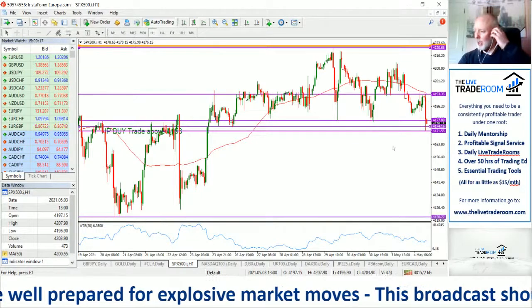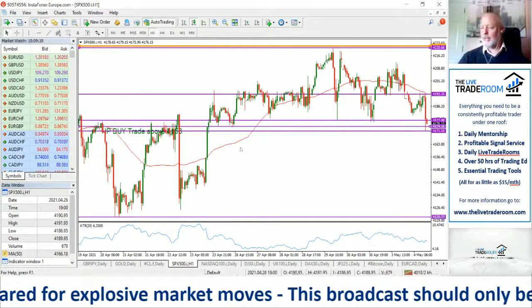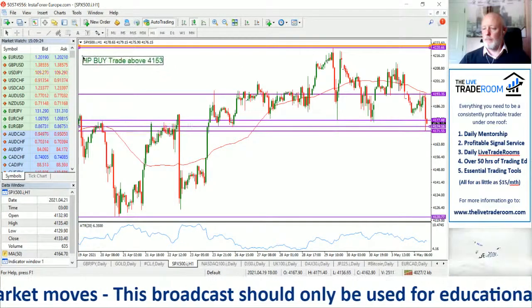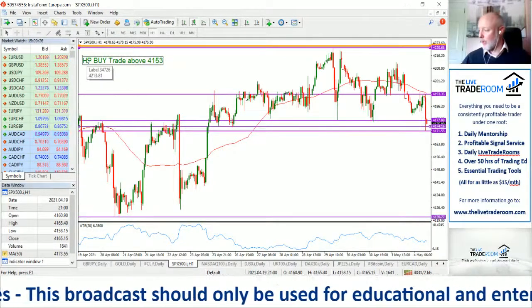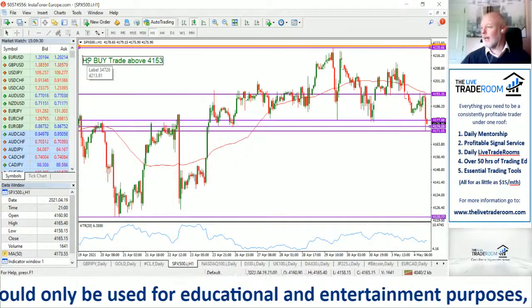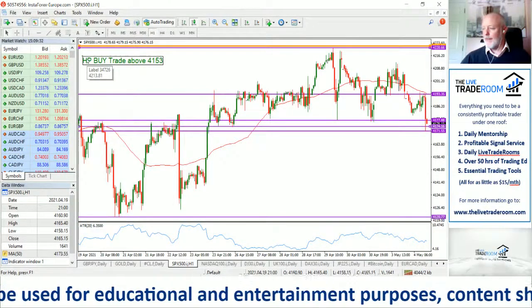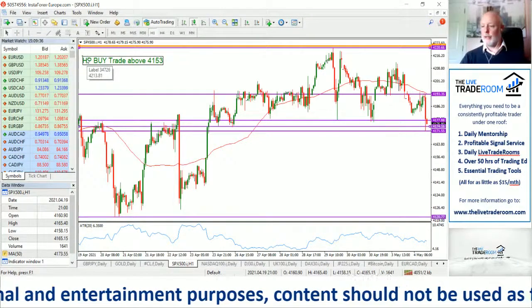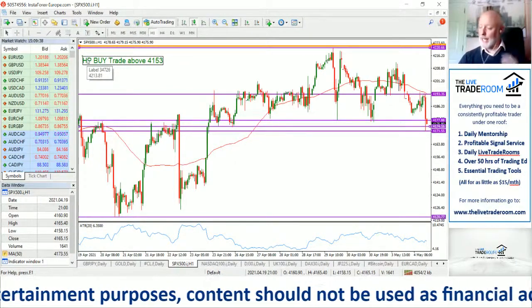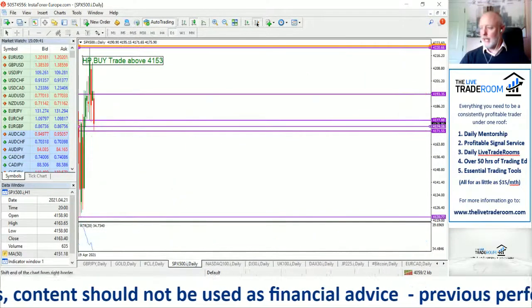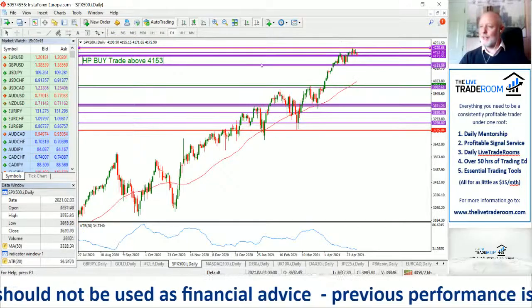If we decide to pull the trigger below the 41.71, it's a sell trade. I'm not going to call it a decent trade or necessarily a high probability trade. It is a trade. The reason being is it's a secondary trade, a secondary trend, should I say. Without a shadow of a doubt, the bias in this market is to the upside. We're up at all-time highs.